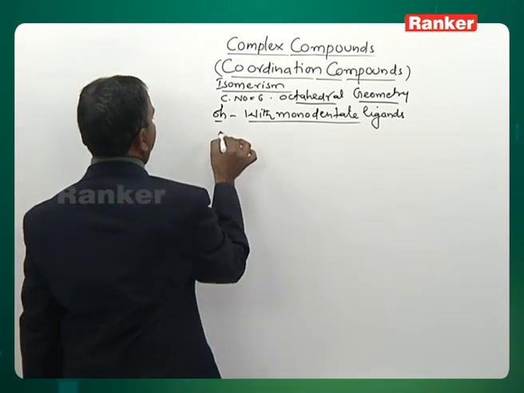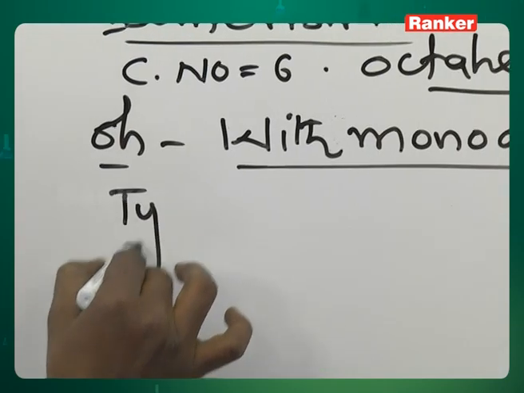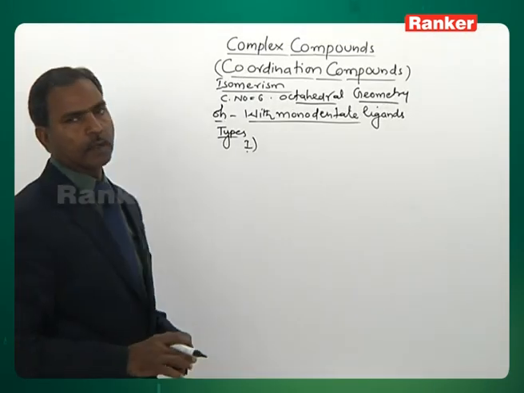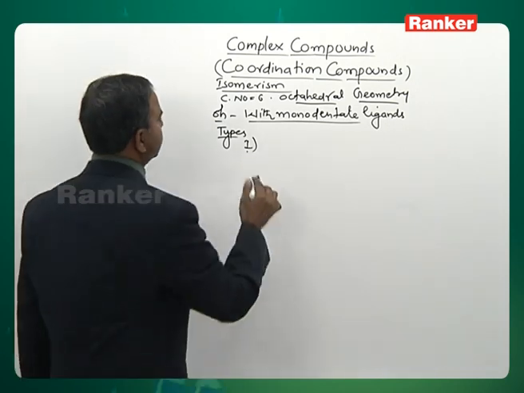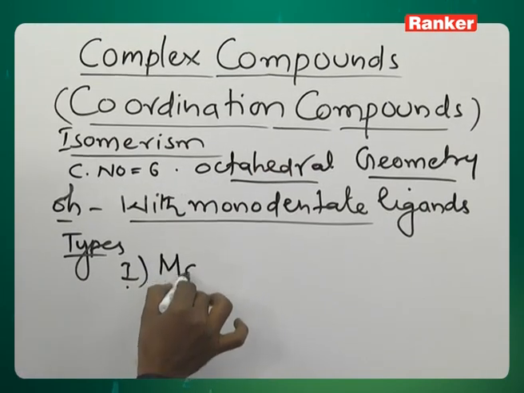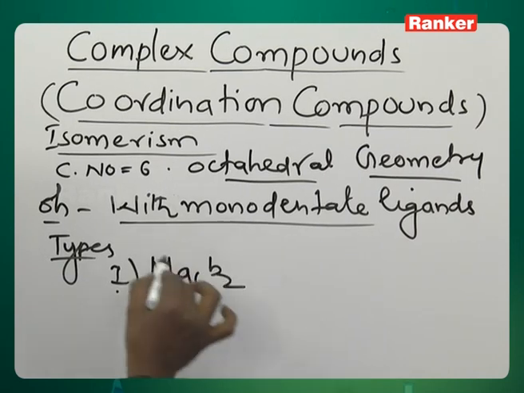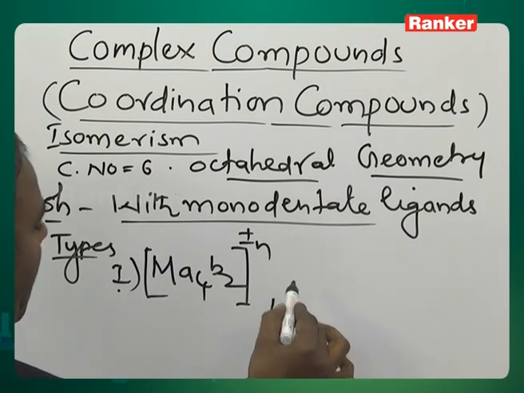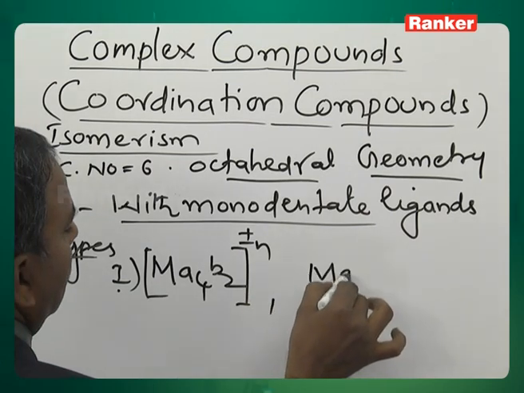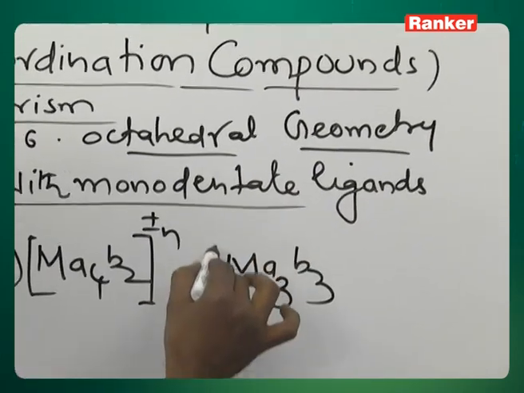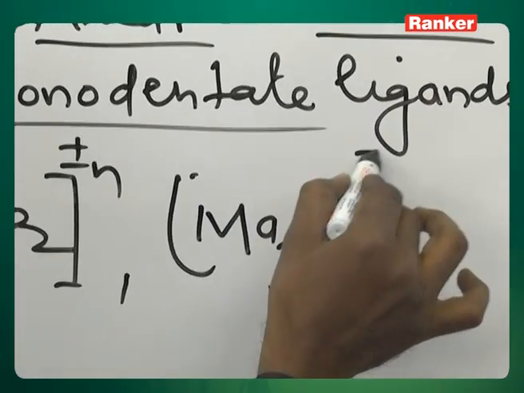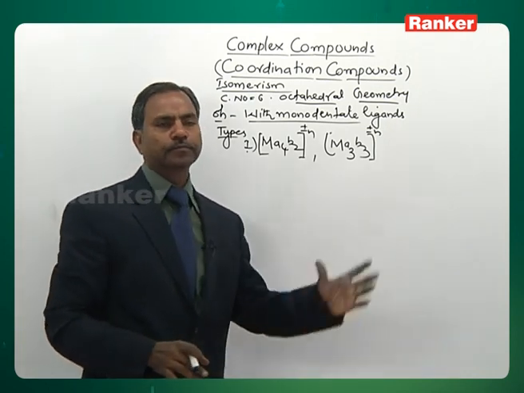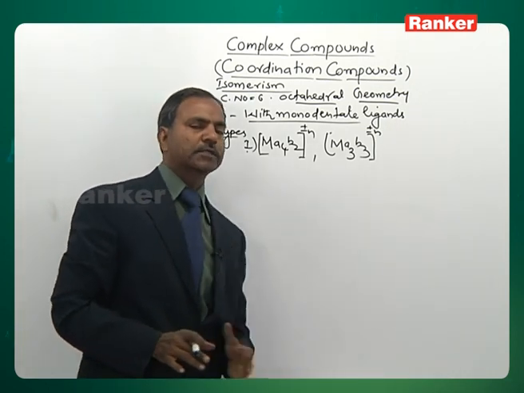Let us consider types under this. First one, take Ma4B2 or you take Ma3B3. Both of these complexes have monodentate ligands.